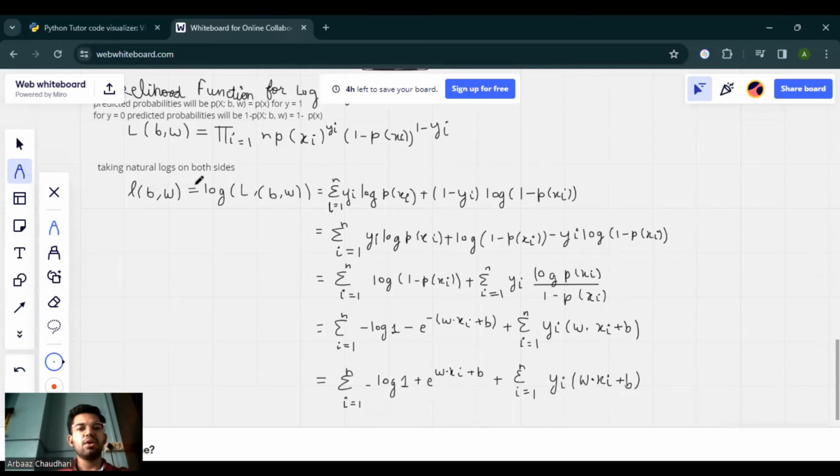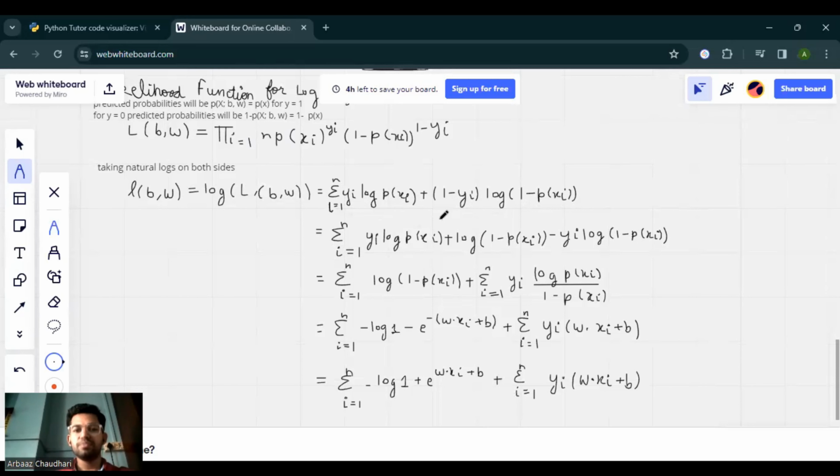The natural log is applied on both sides. So log of likelihood of bias comma weight, with i from 1 to n over all the features, is the sum of yi log of p of xi plus 1 minus yi log of 1 minus p of xi. So here also you can see log, and here also log is there.